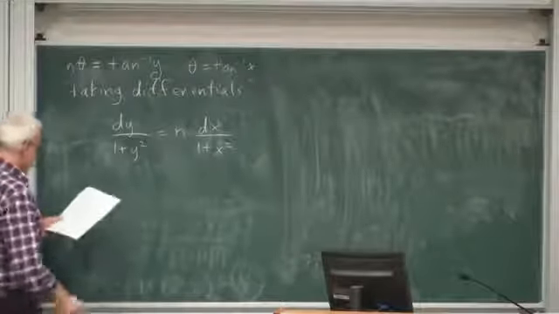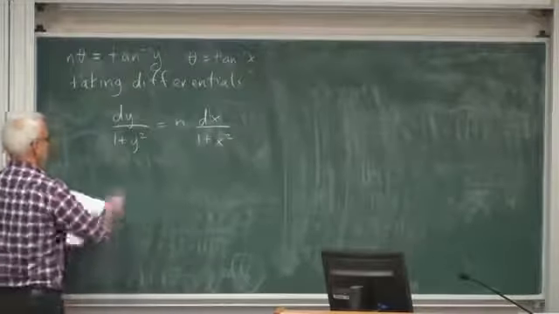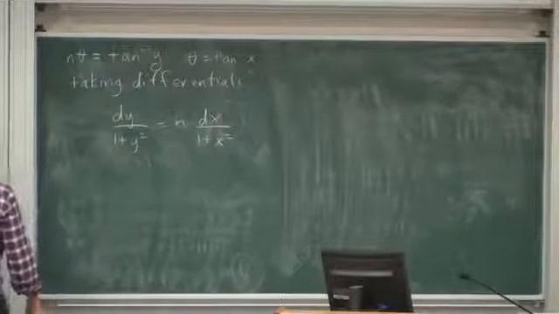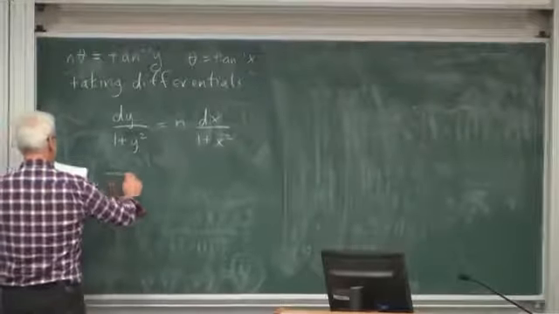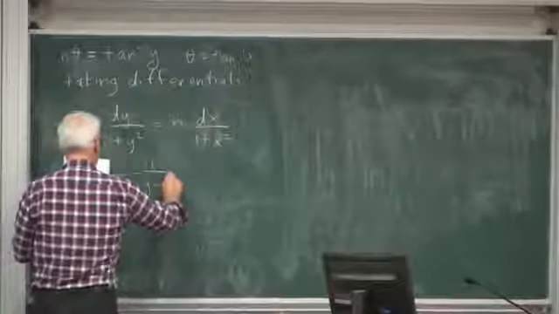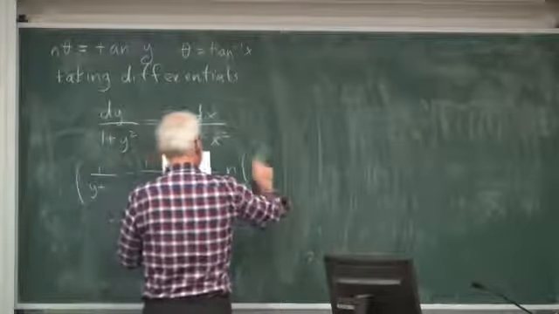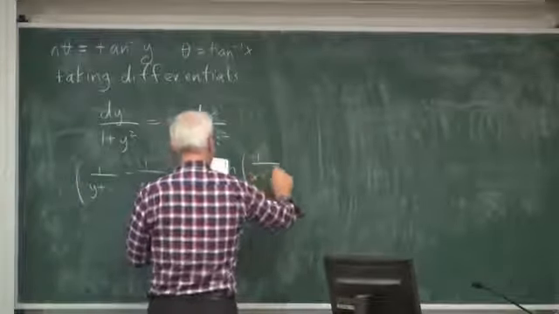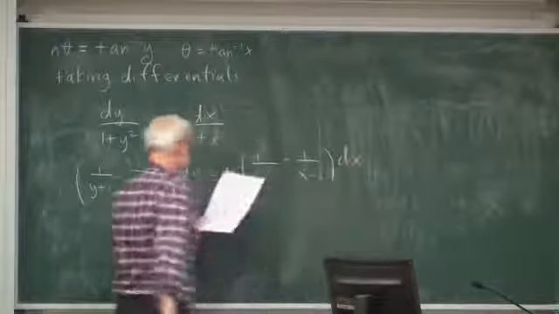Well, then with this kind of analysis on these denominators here, we get that 1 over y plus i minus 1 over y minus i dy equals n times 1 over x plus i minus 1 over x minus i dx.